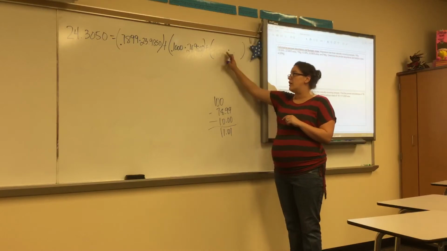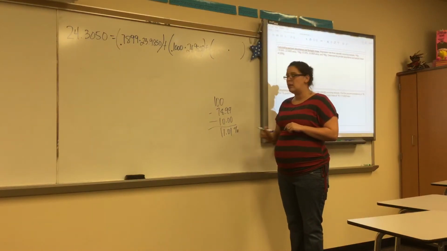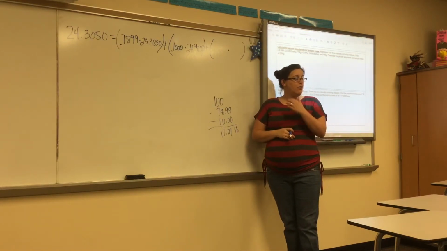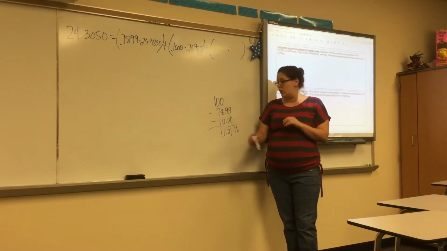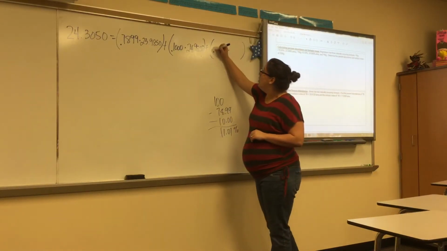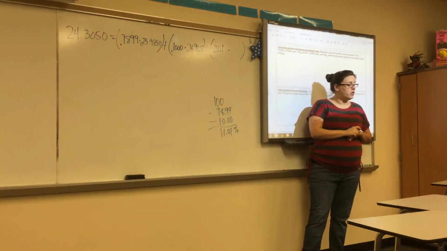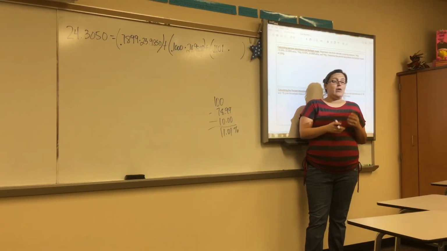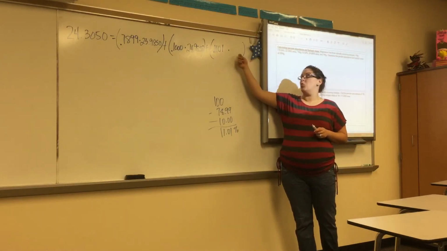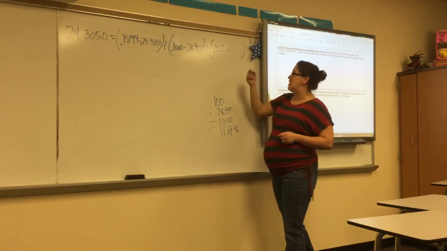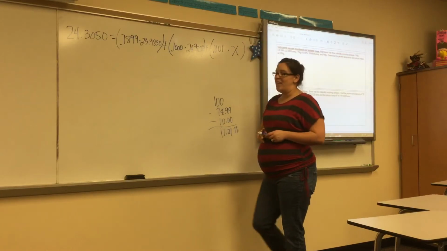So we know that this third isotope exists 11.01%. Now if we use it in our math formula, what do we have to do to the percentage? We need to move the decimal over, right, to 0.1101. And then now, how many spots now do we need to find? Just one, right? So we can designate this as some value x.